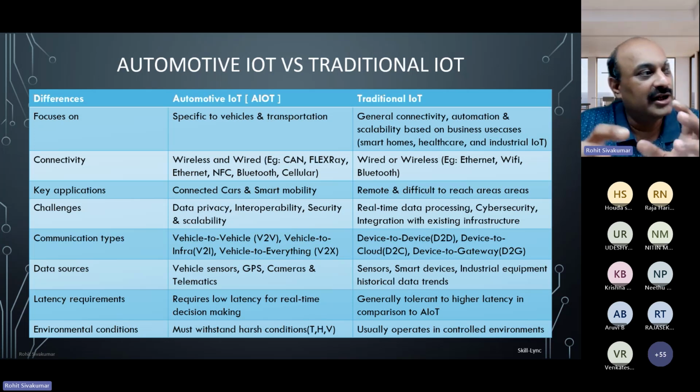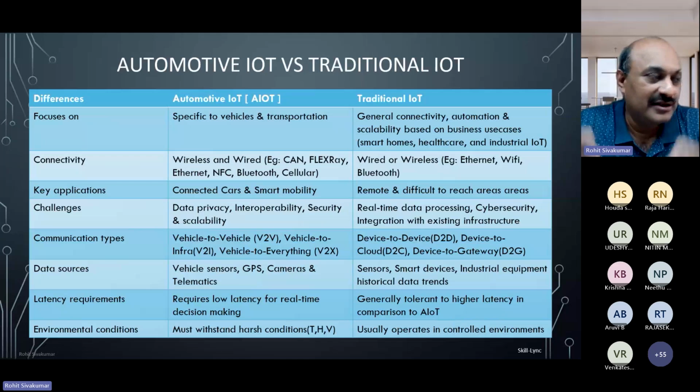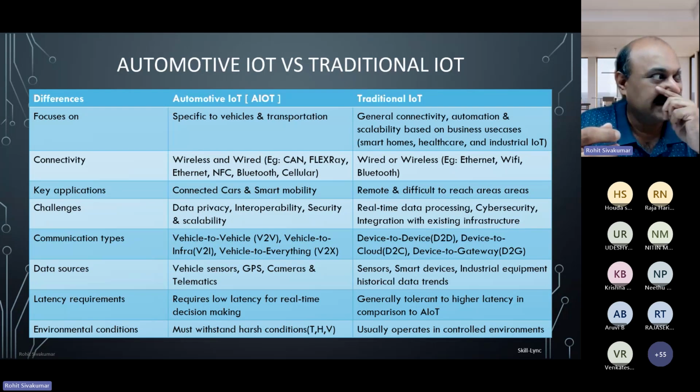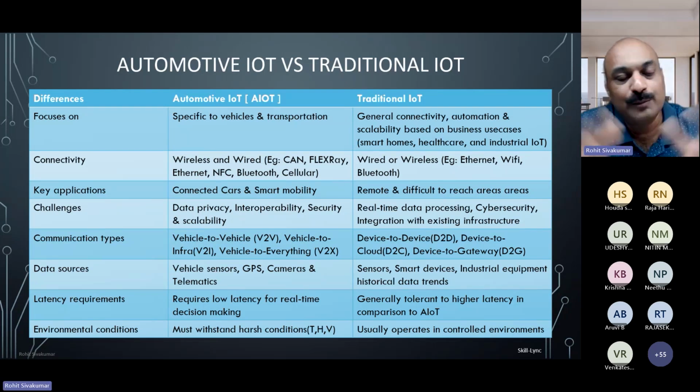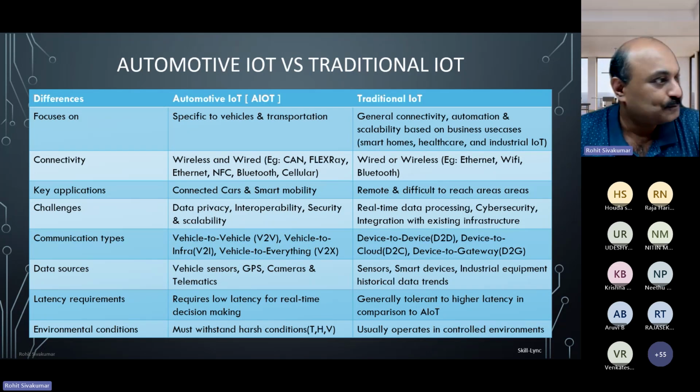In terms of connectivity, both are wired and wireless, so it's the same. But the type of protocols and the ruggedness of the protocols differ between the two segments. Applications, of course, in traditional IoT are very broad-based, and this is going to be very specific to cars and mobility.